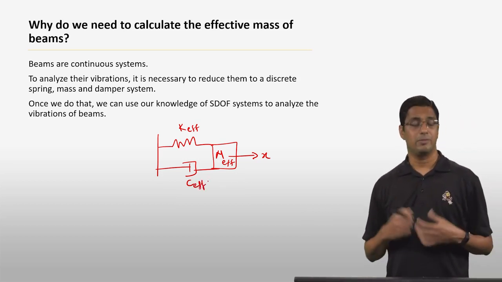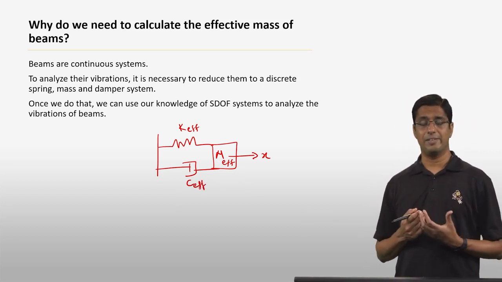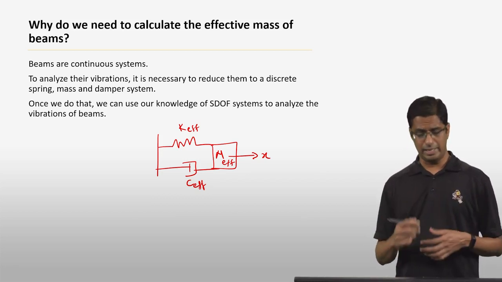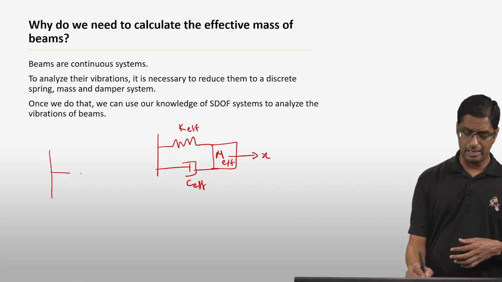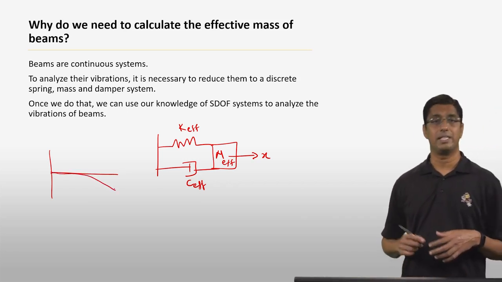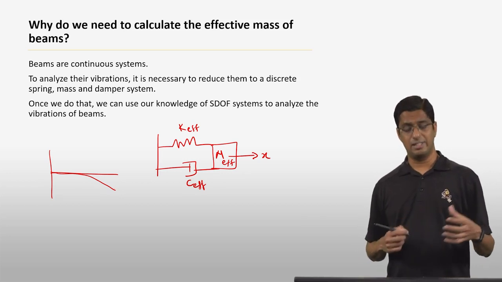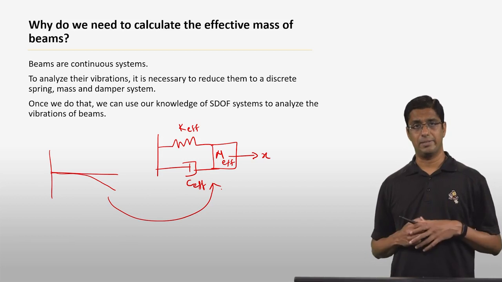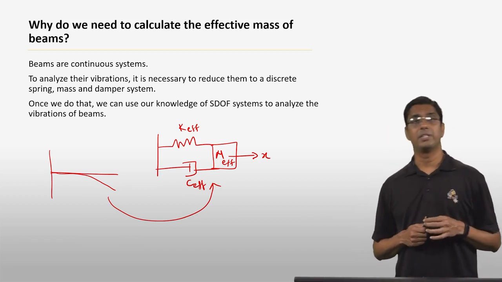Of course, we won't usually be calculating C effective because mostly it is experimentally determined. Effectively, you want to take a system like a beam that is continuous and has different displacements at different points and reduce it to a system like that, which we know how to analyze. Okay, that is the point of finding out the effective mass.